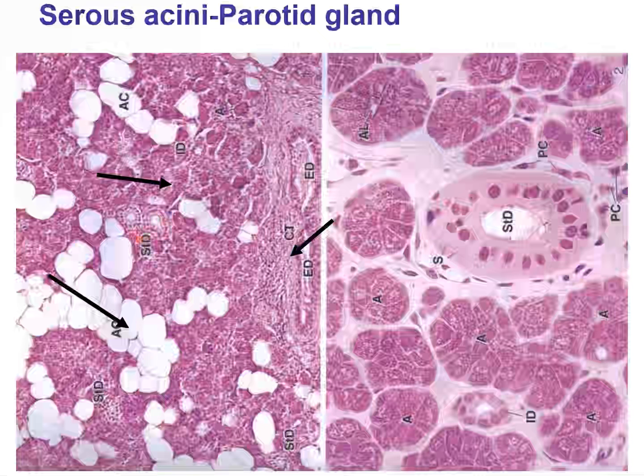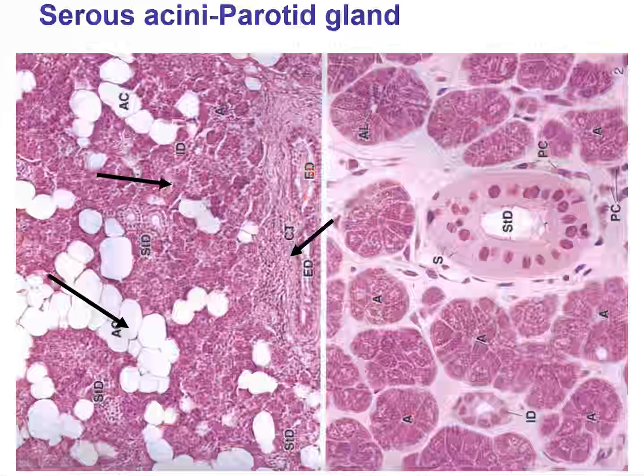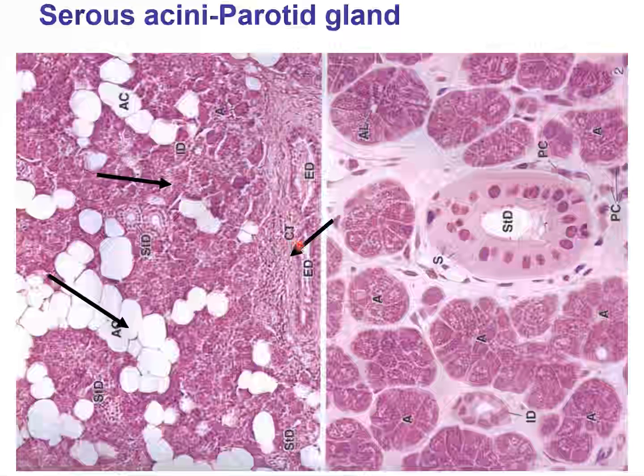These are the striated ducts. It has serous acini. It has a lot of areolar tissue. These are the fatty tissue which has been dissolved during the process of staining. That's why there is no stain. And there is a lot of connective tissue where you can see the ductular system. This is the excretory duct. These are the collecting ducts.